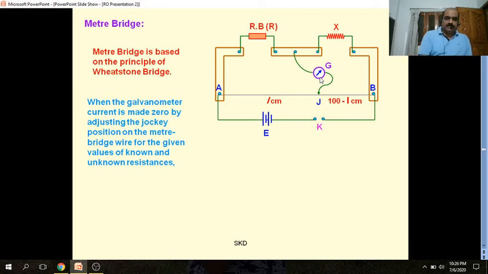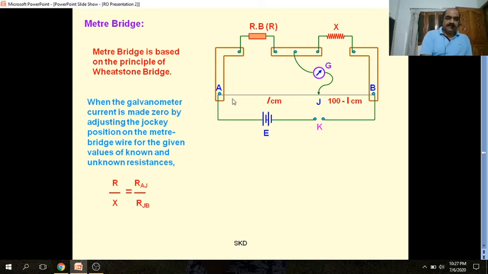So the Wheatstone bridge realized here is in balanced condition, and if it is in balanced condition, then the ratio of known to unknown, that is R by X, is equal to P by Q.